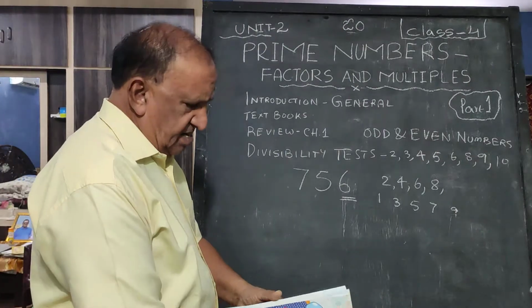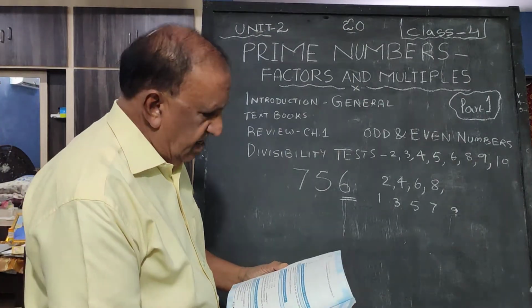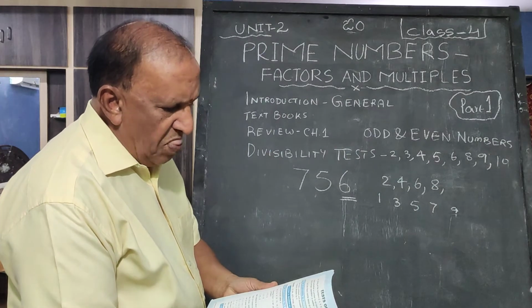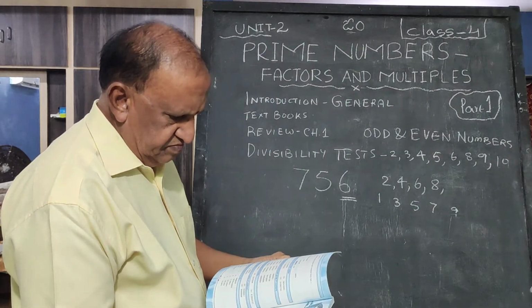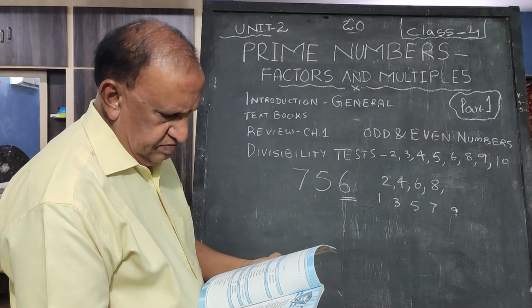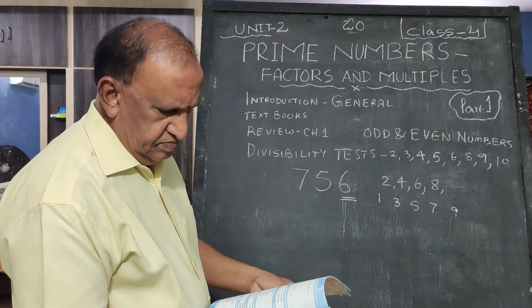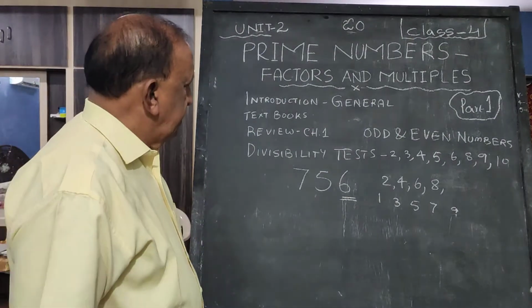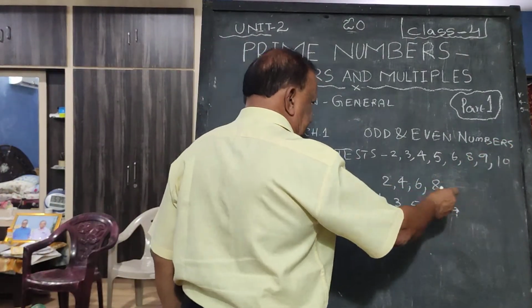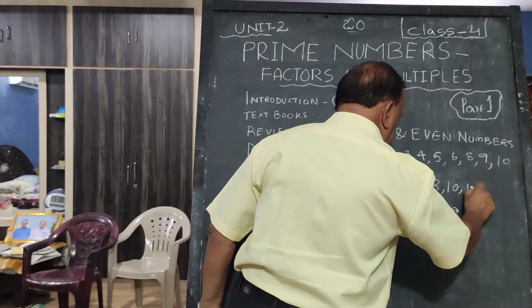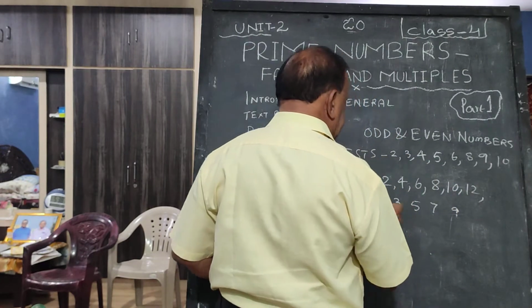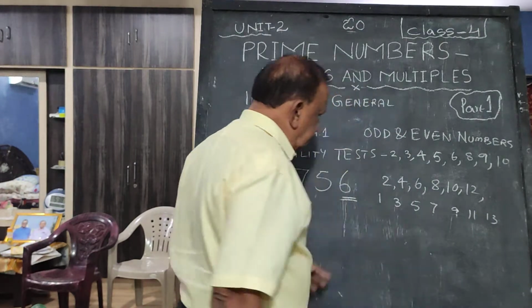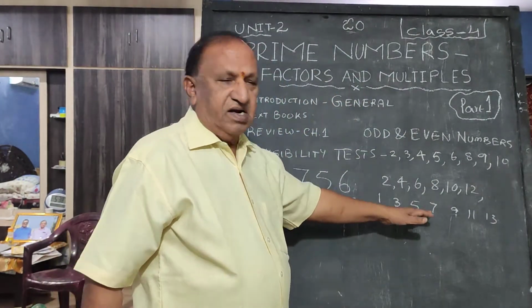Okay, so here I can give you some more numbers. 10, 12, like that. Say 1, 3, 5, 7, 9, 11, 13, like that. These are called odd numbers.